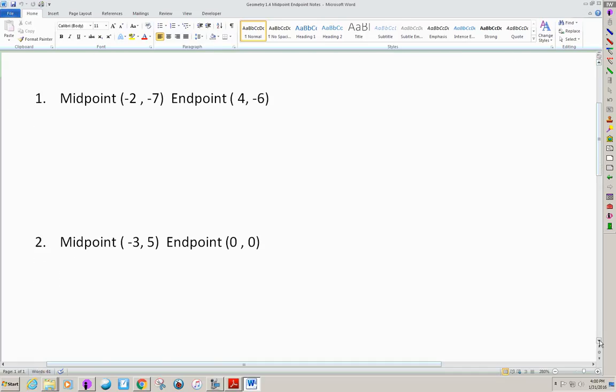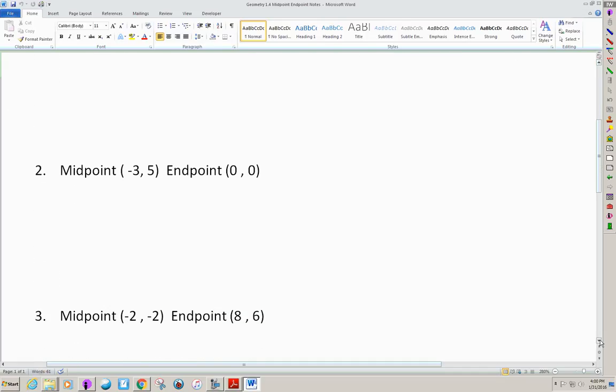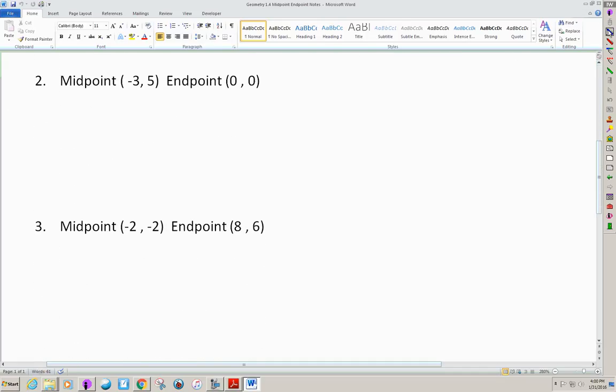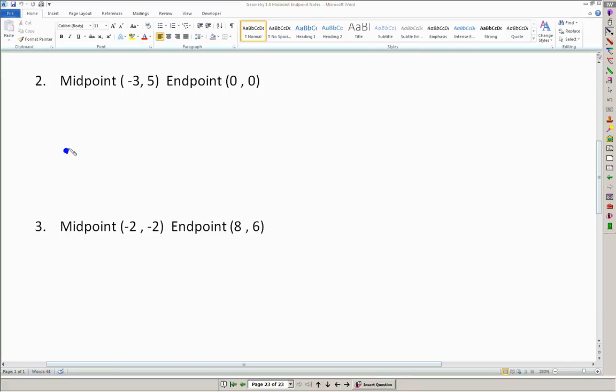Next question. The job is exactly the same. So let's see here. Let's draw our segment. The midpoint is at -3, 5. One endpoint is 0, 0. What's the other endpoint? So let's travel.